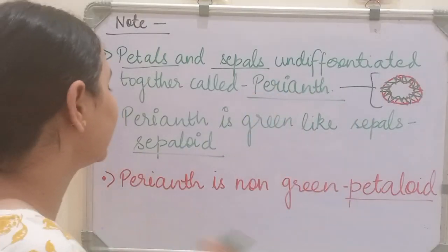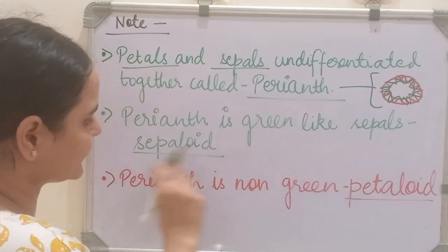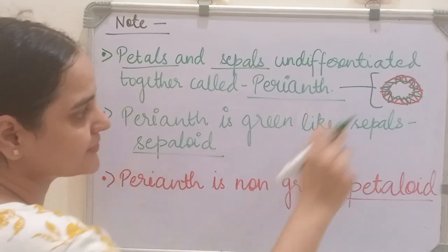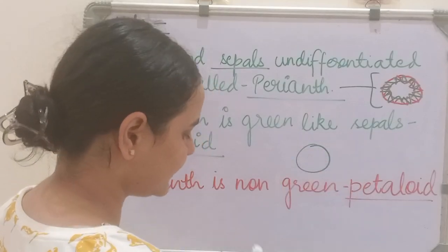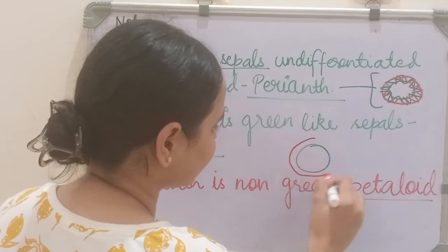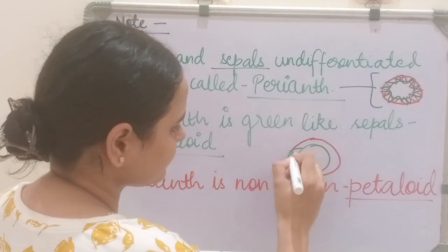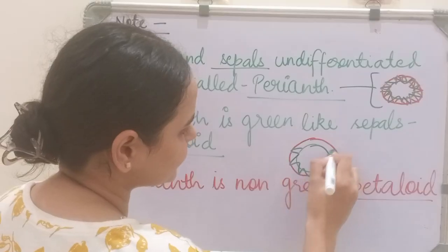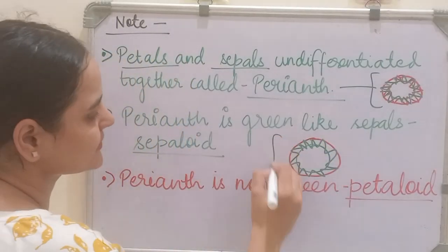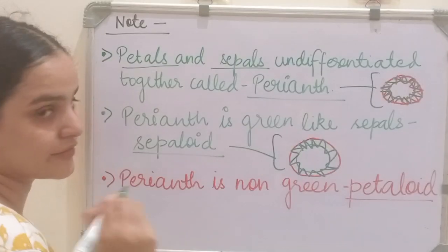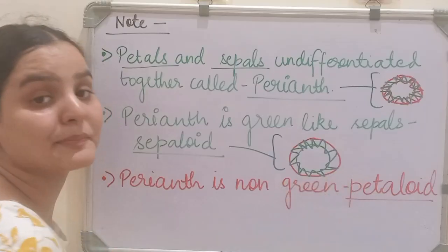Now next point, if the perianth is green like sepals, that is known as sepaloid. I am drawing again, this is the wall of sepal and this is the wall of petal. Now if this perianth is all green like sepals, then this condition is known as sepaloid. Now the next condition, if perianth is non-green, it is known as petaloid.